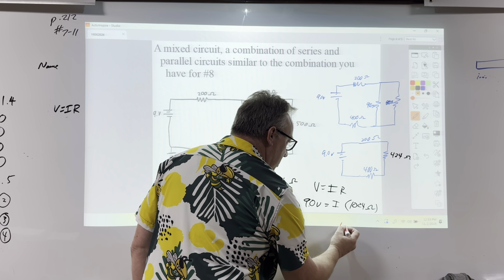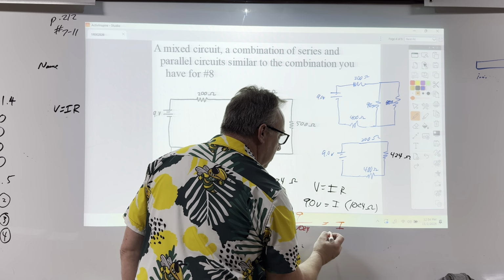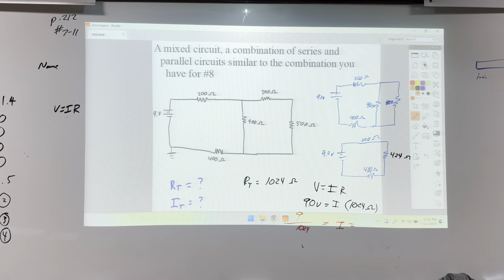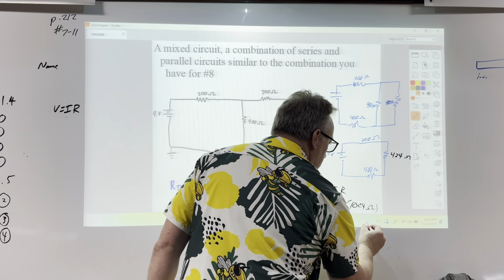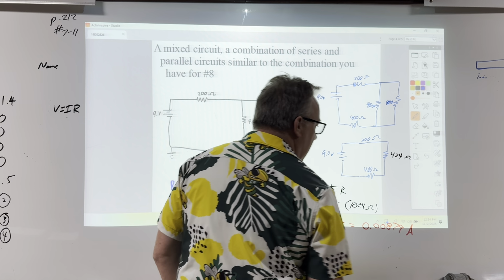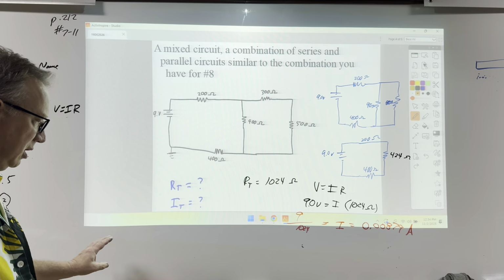So I is equal to 9 divided by 1024, which is not very much. 0.00879 amps for current.